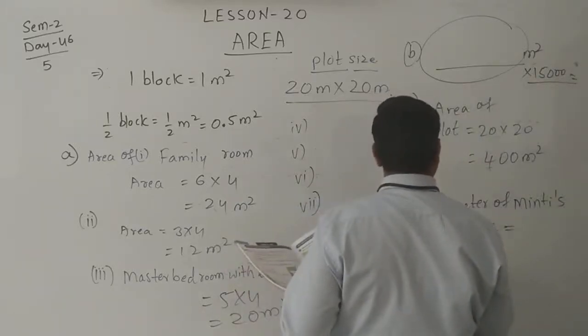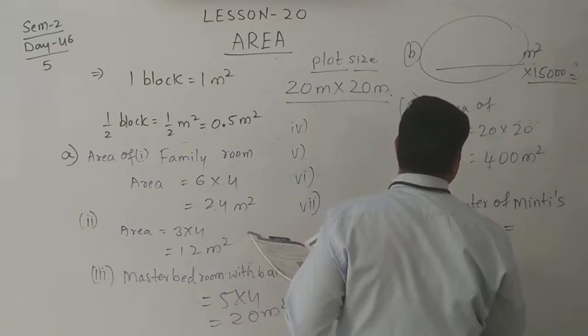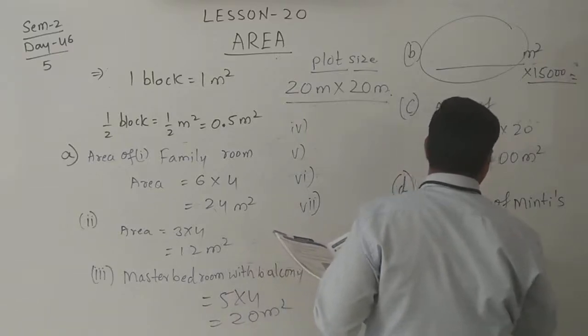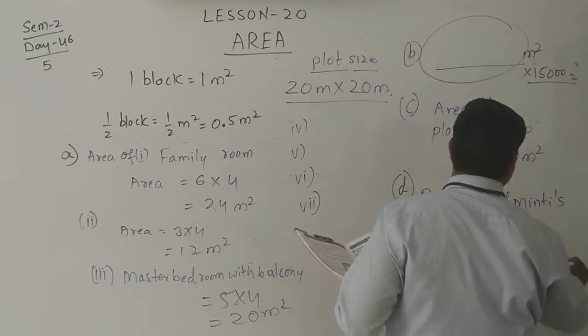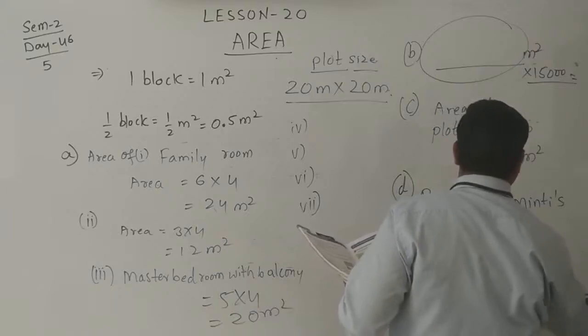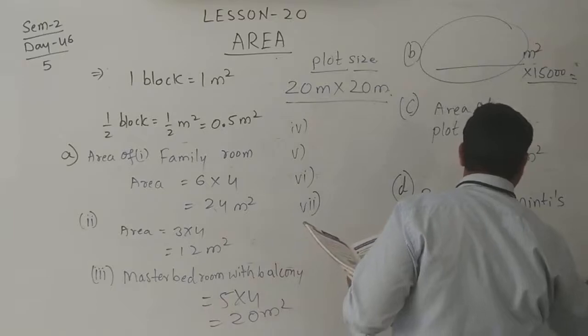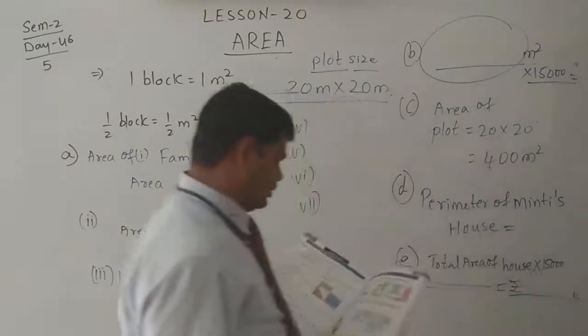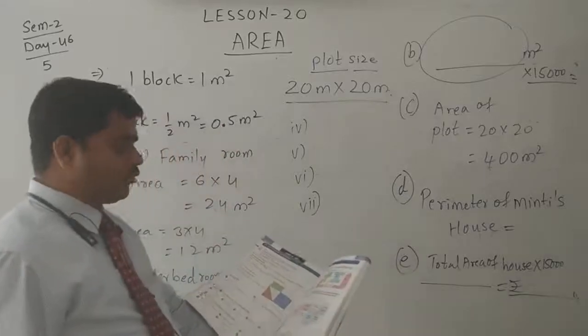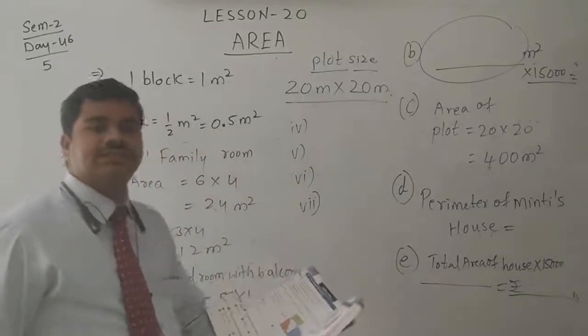Total area of house into 15,000. Then we will get the total amount, the cost of house in rupees. Can you do it?